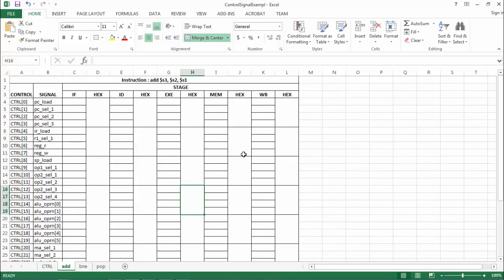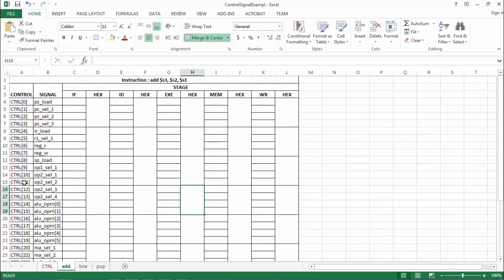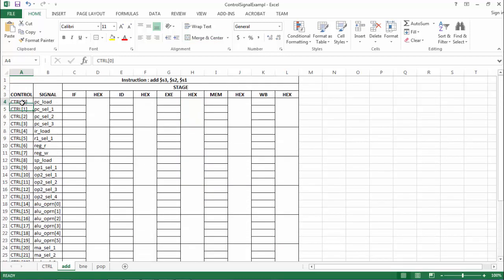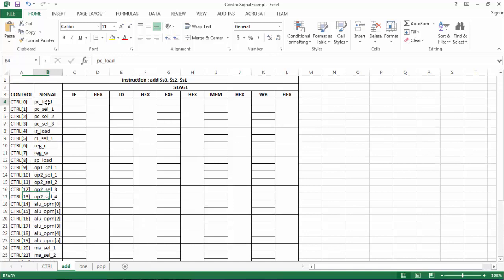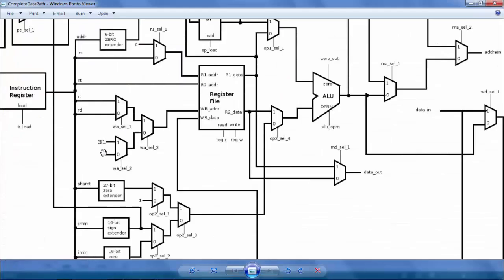So here, let's list them down, and let's assume that we have a control signal bus which is 29 bits for our case, 0 to 28, control 0 to control 28, and each bit of this bus is connected to one of the control signals depicted in this data path.